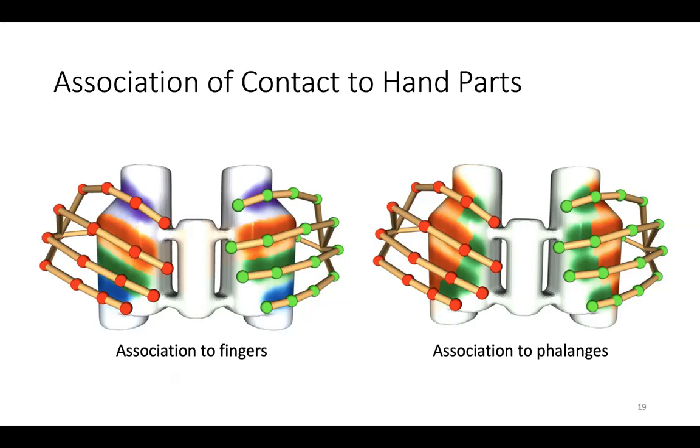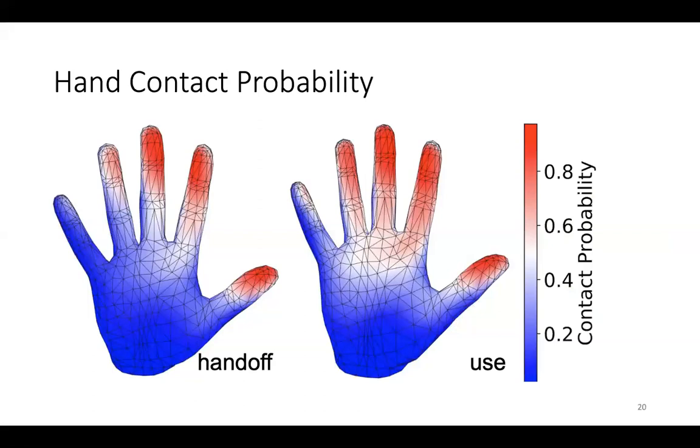Once you do that, you can use the same association technique to associate contacted points on the object surface with points on the hand. If you aggregate that information across the entire dataset to calculate the probability of each hand vertex to be contacted, this is what it looks like. We are presenting it separately for handoff grasps and use grasps.